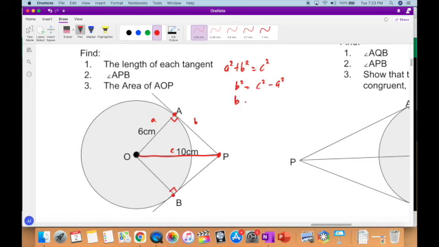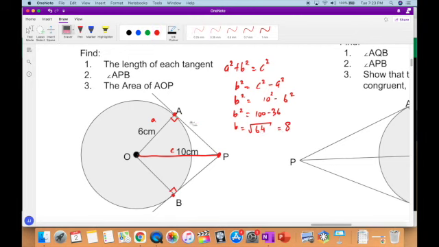So B squared is equal to C squared, which is 10 squared, sorry, minus A squared, which is 6 squared. So B squared is equal to 100 minus 36, and B is equal to the square root of 64, which is 8.